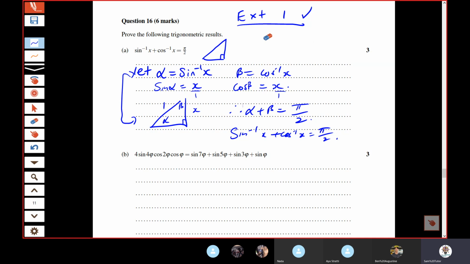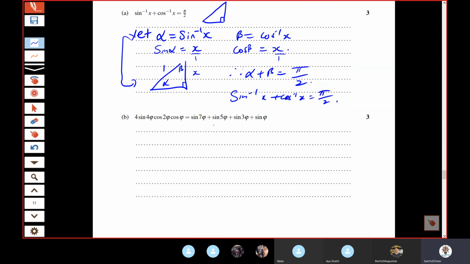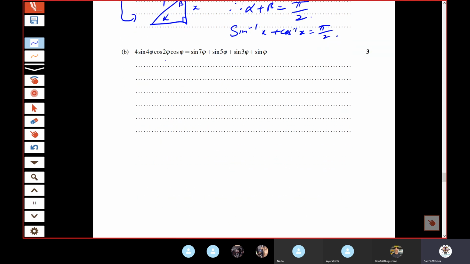You're going to get a reciprocal question for those graphs, and an inverse function. I just thought I'd make that point. As you revise this, you'll realize this is actually a lot easier than Advanced. Anyways, until you get a question like this, then you forget what Sam just said. No, I'm kidding.